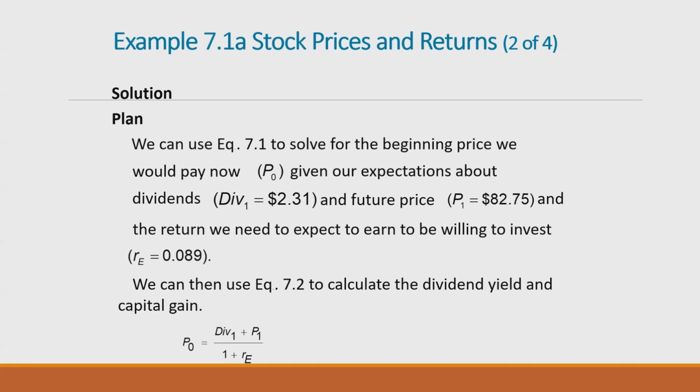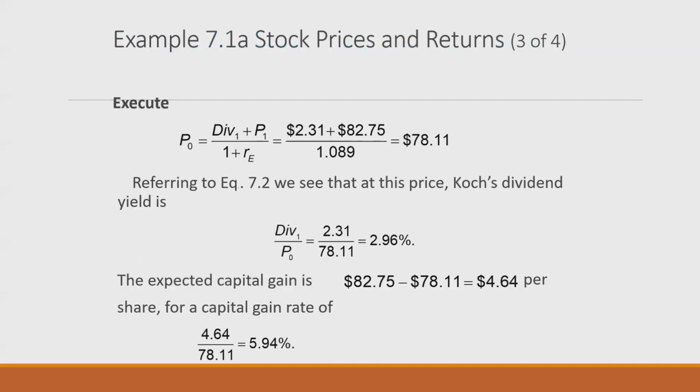And that is the formula below. To execute, you have P0 equal to dividend plus P1 over 1 plus rE, equal to $2.31 plus $82.75 over 1.089, which will give you $78.11.